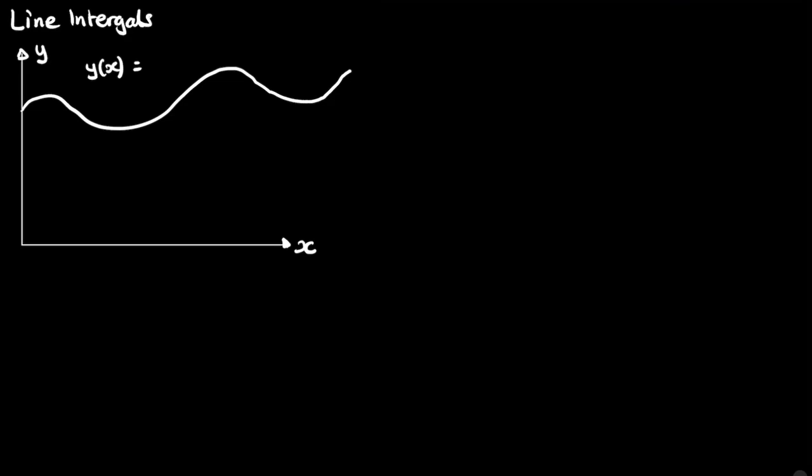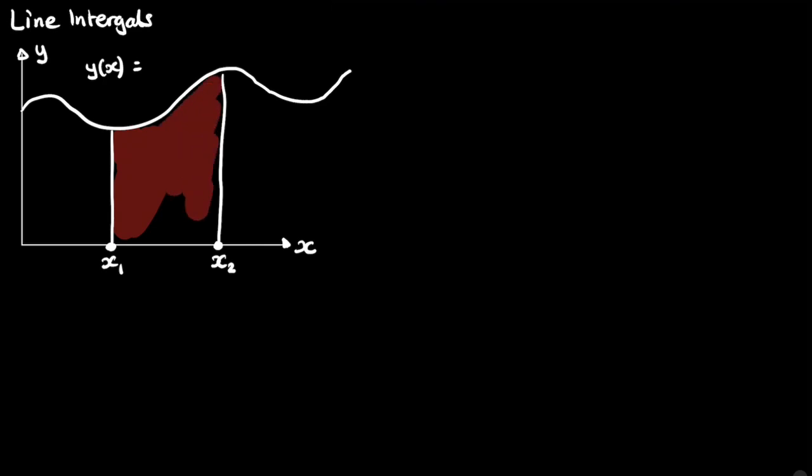Now what we do when we're integrating is we're actually finding the area in between 2 points. So say we want to find the area between this point here, which is at x1, and this point here, which is at x2. So we want to find what this area right here is between these 2 points.